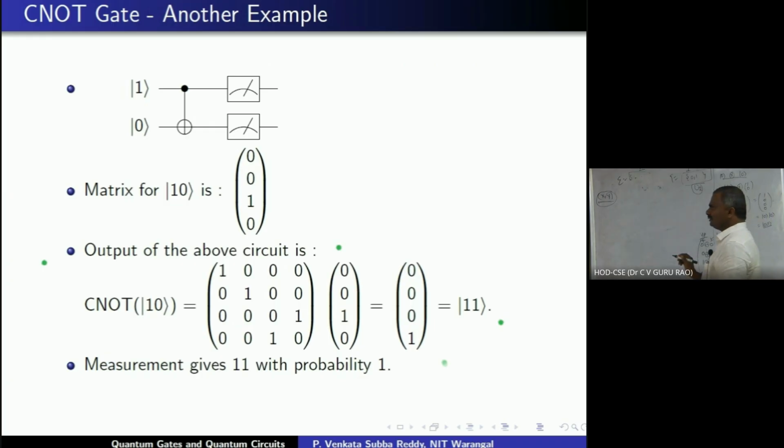Okay. Now, the other way of viewing that matrix. This is the control NOT matrix, no? This is a 4 by 4 matrix. I can view it as, I can divide it into 4 equal parts. Then here it should be 2 by 2, 2 by 2, 2 by 2, 2 by 2.